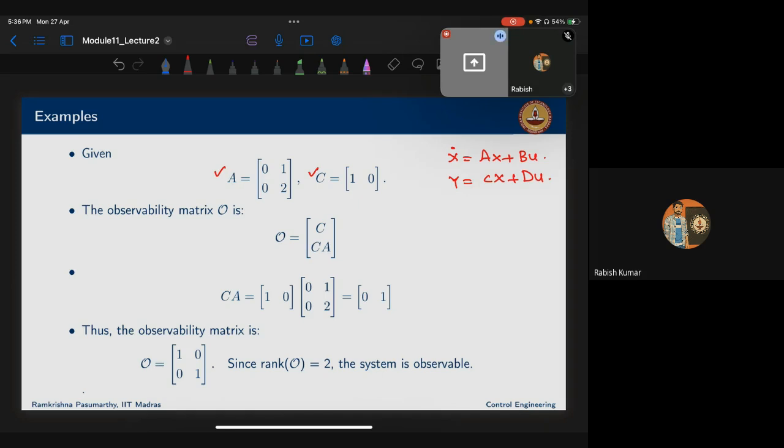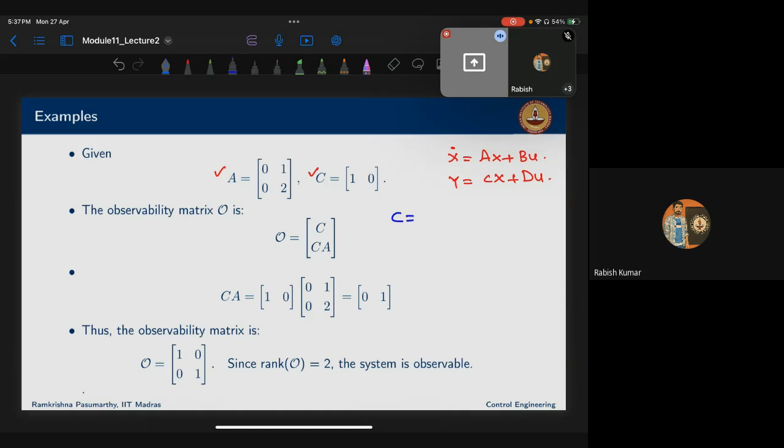The observability matrix is like this: O is equal to C transpose, A transpose C transpose, and next term is A transpose square, C transpose. Let me write it again, same equation.